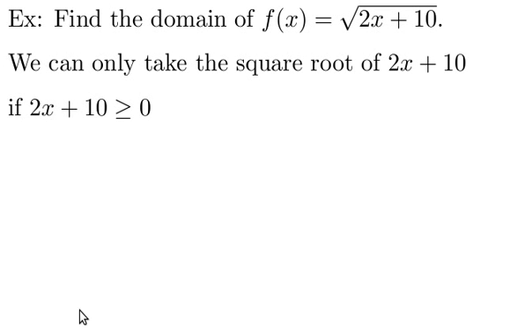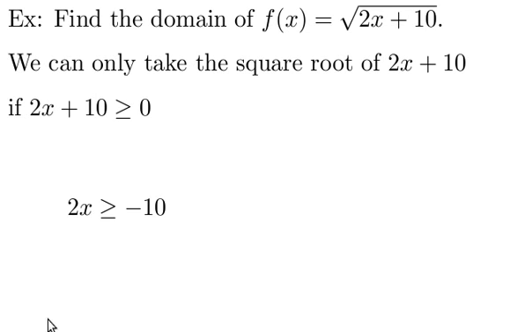Dealing with inequalities is very similar to dealing with equations, but if you multiply or divide by a negative, you flip the sign. We need to get x by itself, just like solving for x in an equation. We subtract 10 from both sides to get 2x greater than or equal to negative 10.